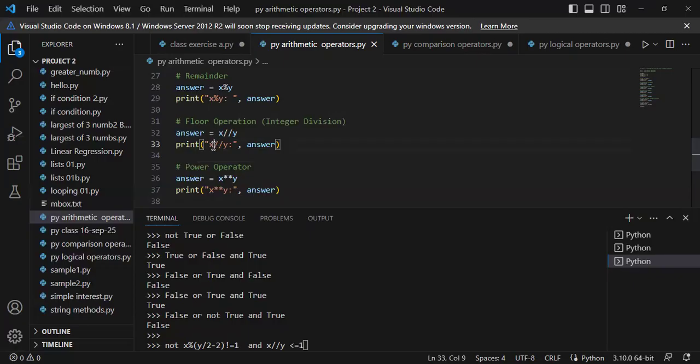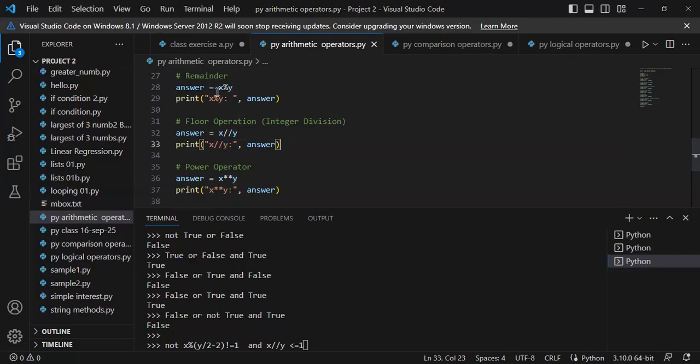If x is 5 and y is 2, normally when you say 5 divided by 2, you get 2.5, right?